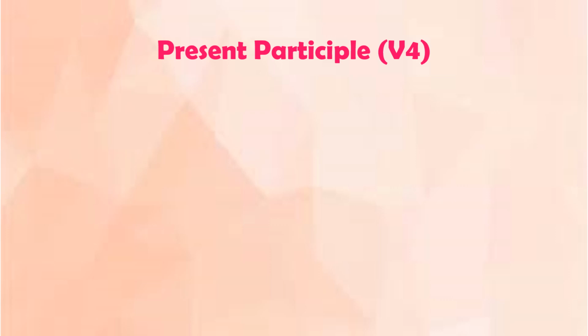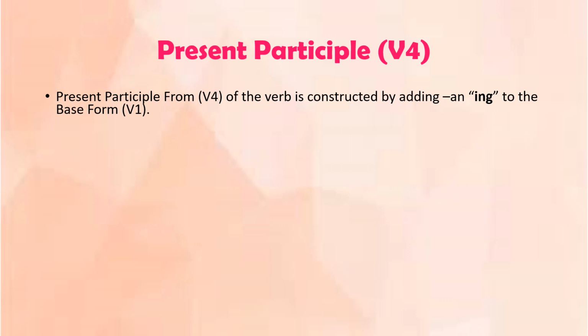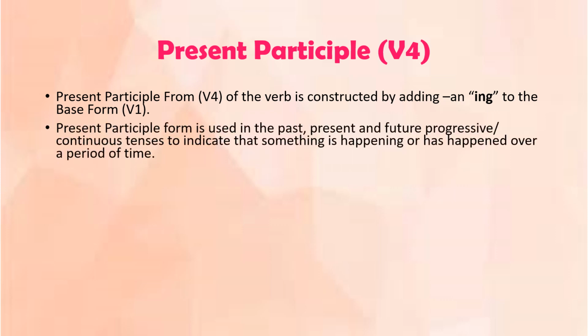Present participle or verb 4. Present participle form of the verb is constructed by adding ing to the base form. It is used in the past, present and future progressive or continuous tenses to indicate that something is happening or has happened over a period of time.